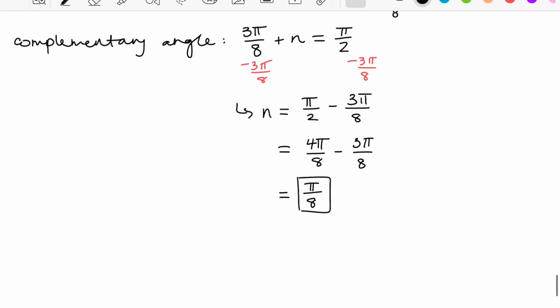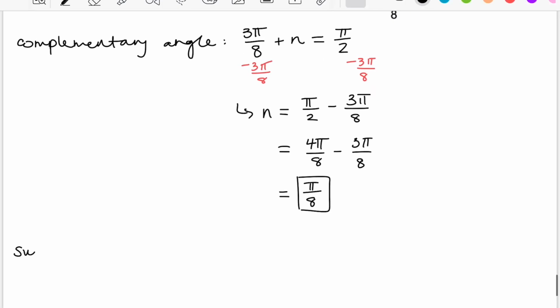And on the other hand, the supplementary angle, we know we're also going to represent this by n here. The sum of n and 3 pi over 8 needs to be equal to pi in this case.